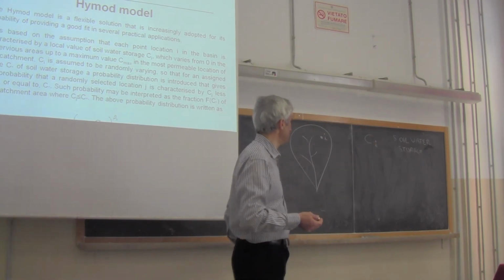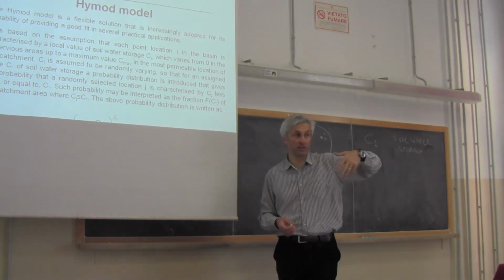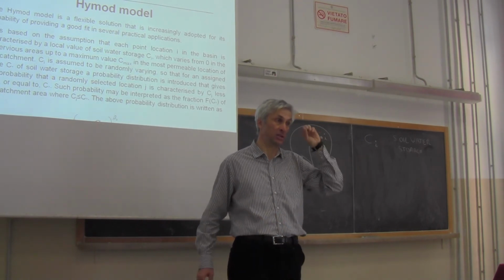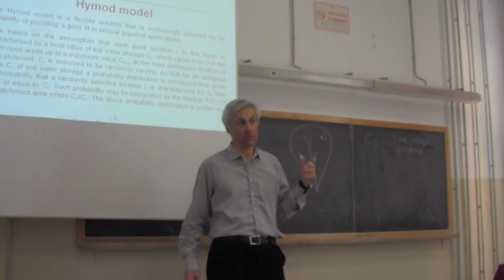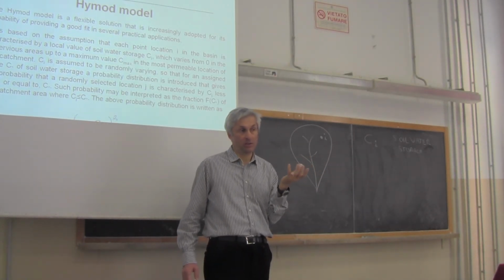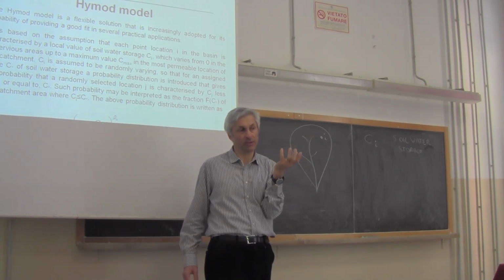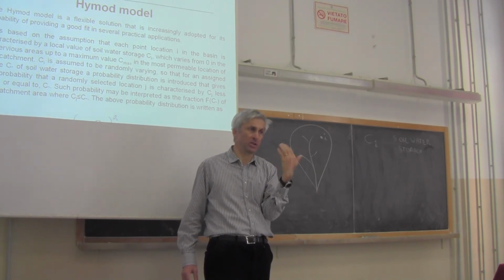This model assumes that this soil water storage is different in every location of the catchment. So the catchment does not have a unique storage, like in the linear reservoir, where WT describes storage for the whole catchment. Here, the assumption is that you have a storage, you can call it potential storage, that is varying.